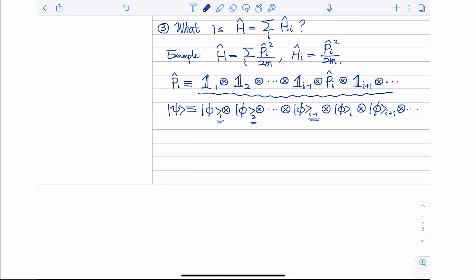If we try to use the single particle wave functions phi to express this many particle wave function in this many particle Hilbert space, at this moment we should be a bit careful, because we don't really know whether this expression satisfies indistinguishability if we write it down in this way.